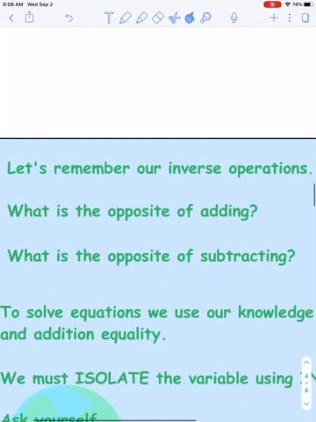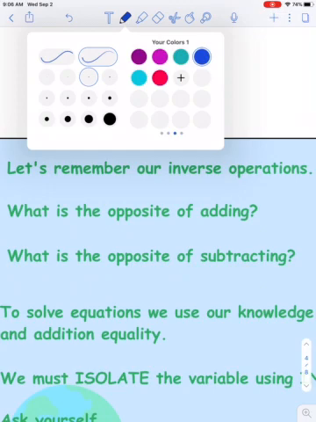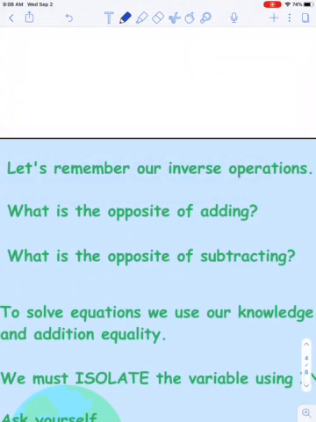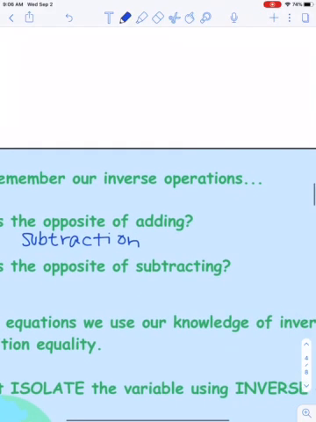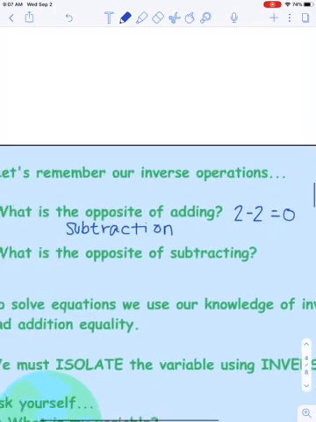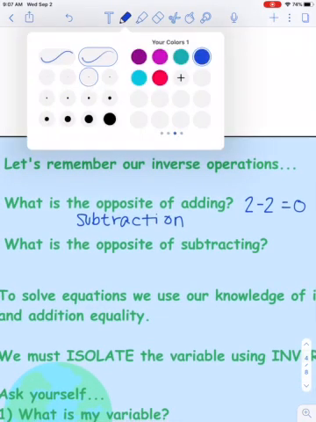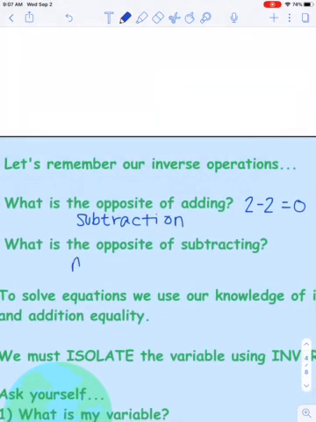So, inverse operations. The opposite of addition, hopefully we know, is subtraction. Okay, so if you have 2 and you subtract 2, you get 0, right? It just goes away. The opposite of subtraction is addition, so it's the same. They're opposites of each other.